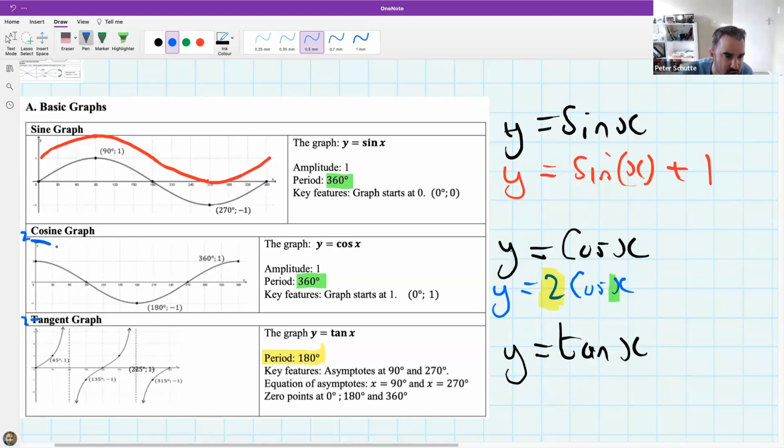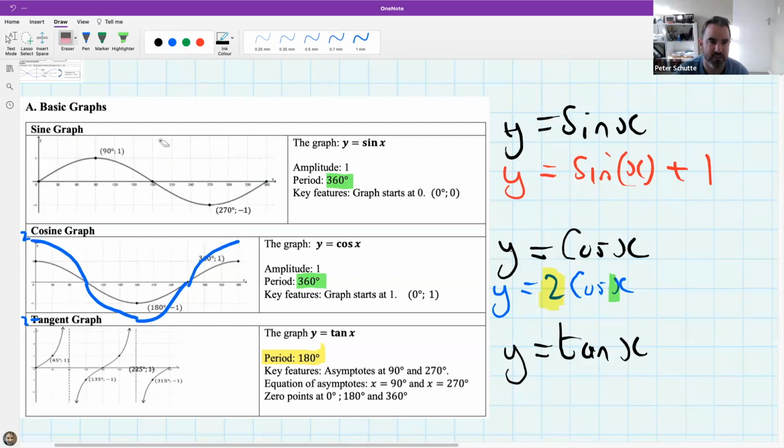So let me see if I can show you what this would look like. So it's almost like the graph has been stretched vertically. So that would be the graph of y equals 2 cos x. I can also do it on sine. Maybe it's a bit easier if I do it on sine.